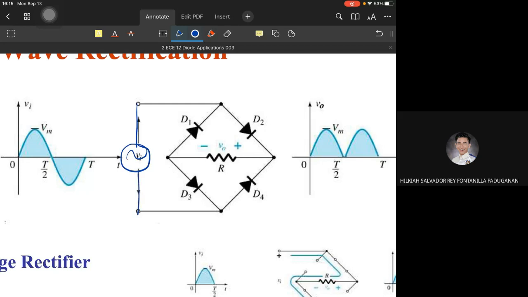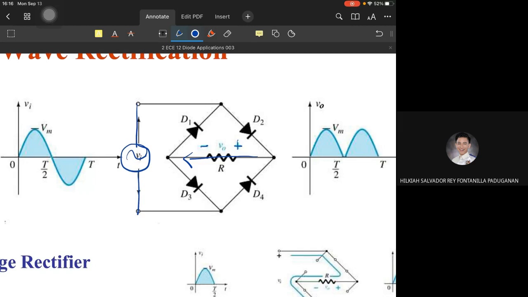Then our load is oriented in this position, in the middle, with a positive here and a negative here. So for current to flow across the load, because the orientation of the load has the positive here and the negative here, current should flow in that direction.